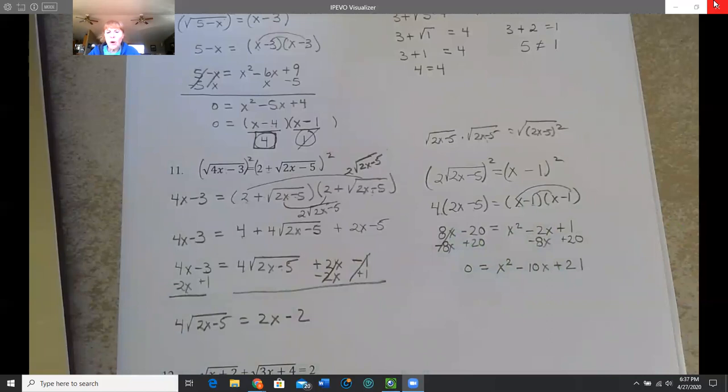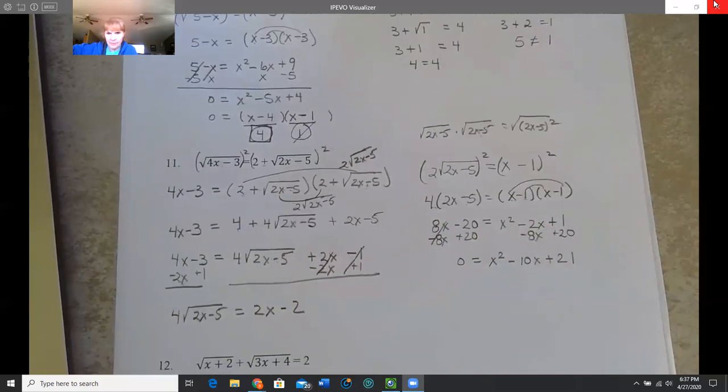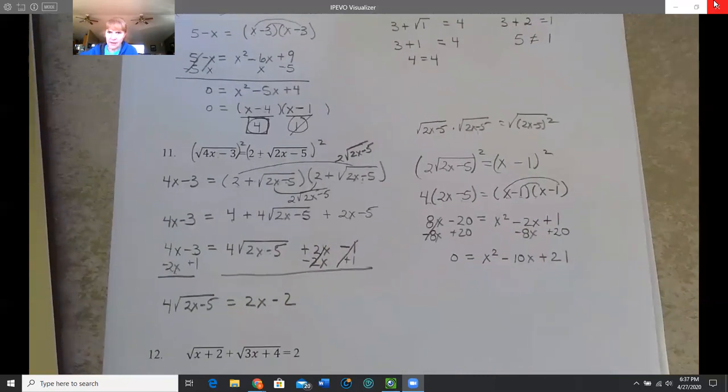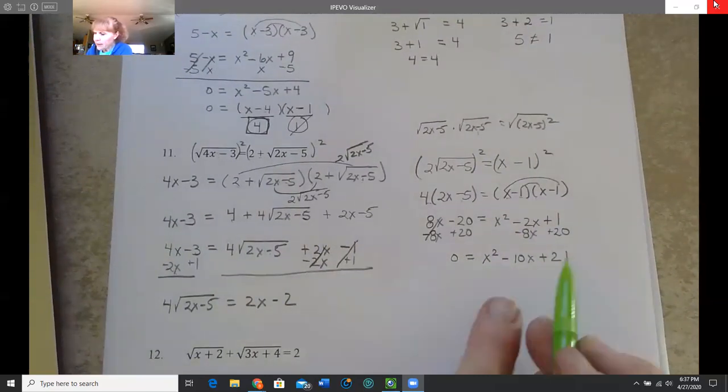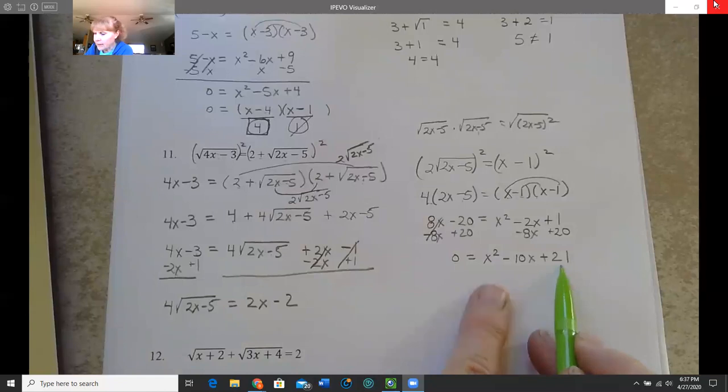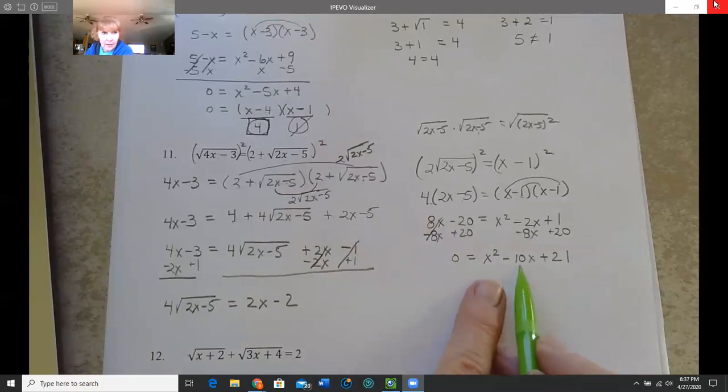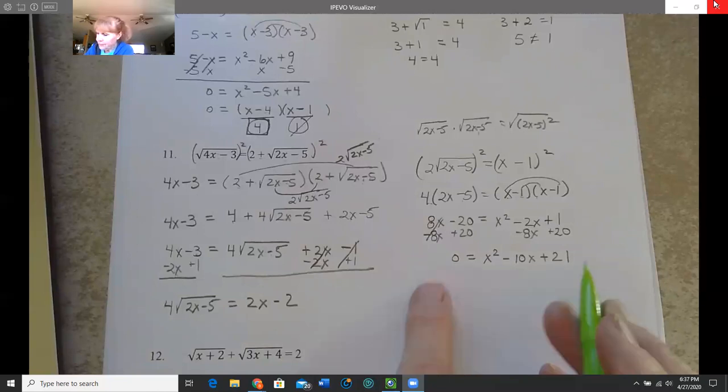What multiplied together gives you 21, added together gives you a negative 10? That would be a negative 7 and a negative 3.